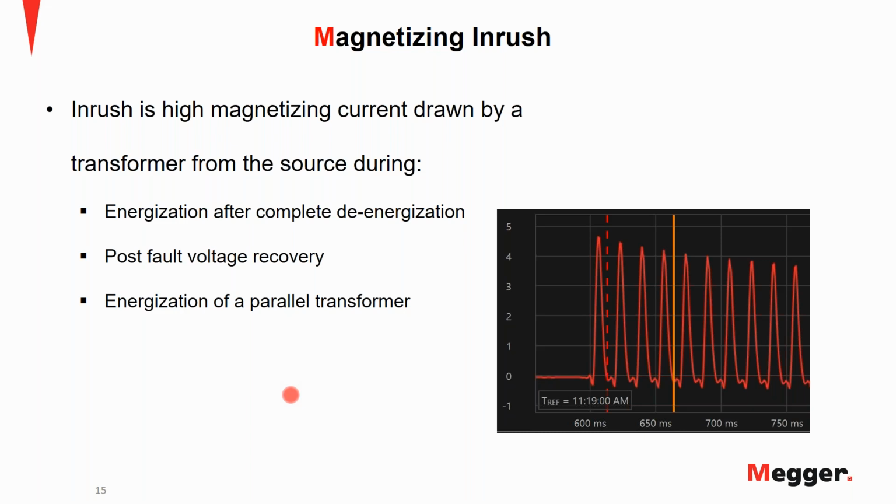It also decreases the amount of current flowing through the relay, depending on how far away it is from the source it's being energized from. So there are a lot of different factors that can cause us to be affected by the harmonic restraint, or the harmonics or inrush of the transformer.